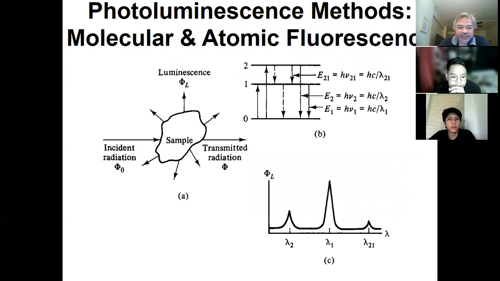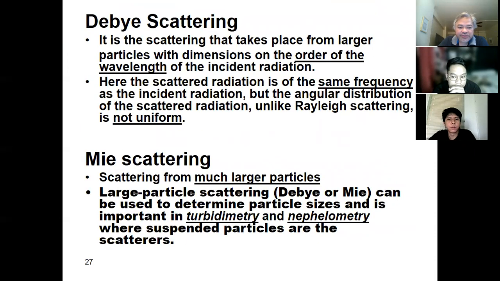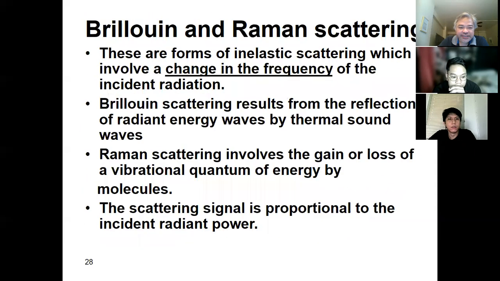I think we ended up with the scattering, Brillouin scattering and Raman scattering. Brillouin scattering is just from the reflection of radiant energy waves by thermal sound waves, while Raman scattering involves the gain or loss of a vibrational quantum of energy by molecules.